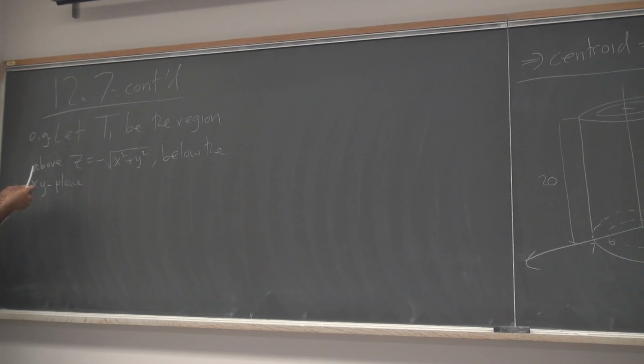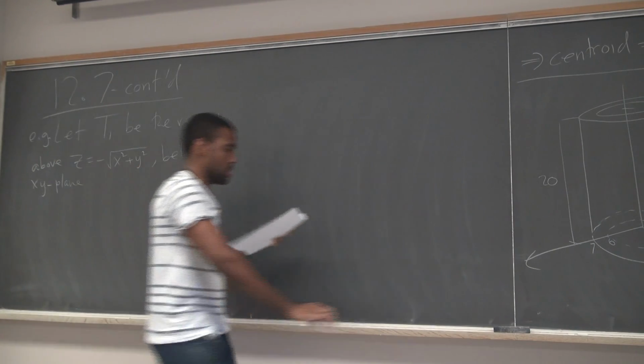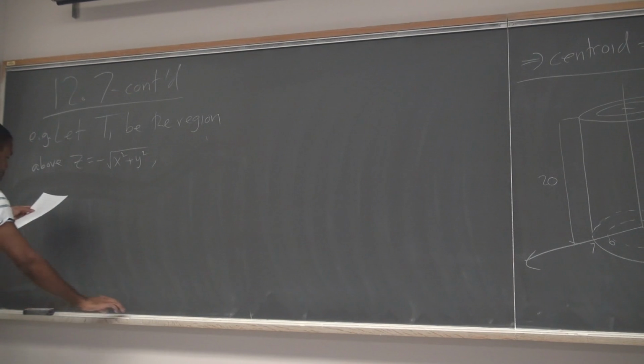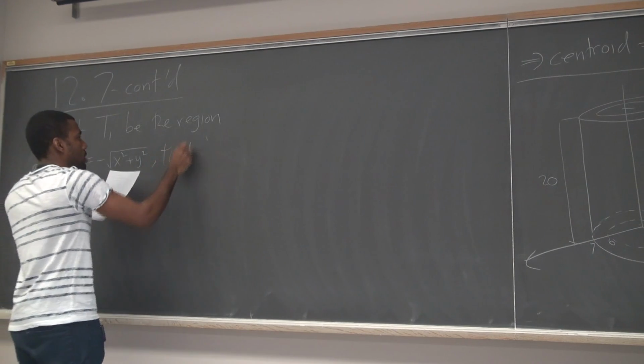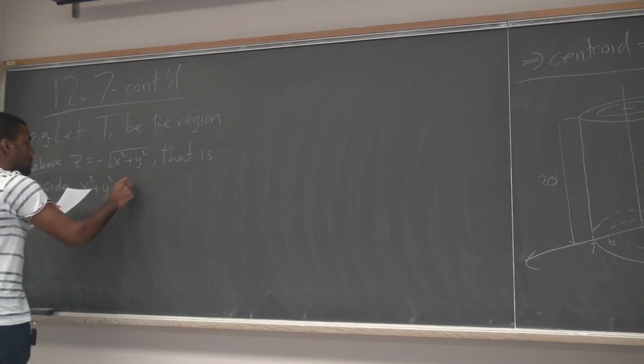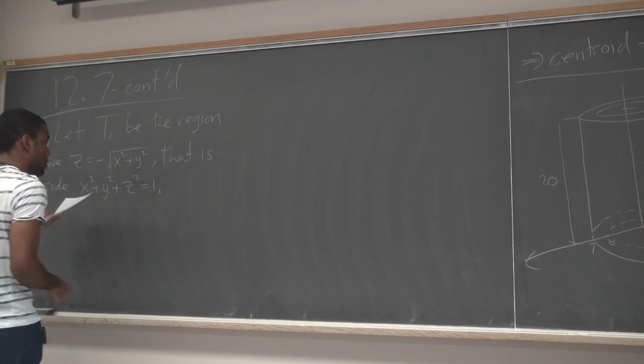Above z equals that, which is inside the sphere. I'm describing several regions here. T1 is the region above this that is inside x squared plus y squared plus z squared equals 1.